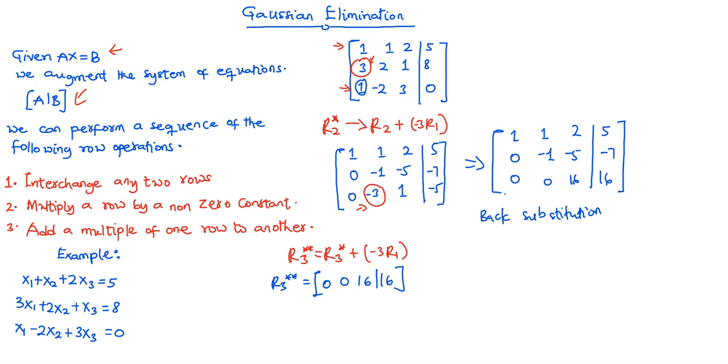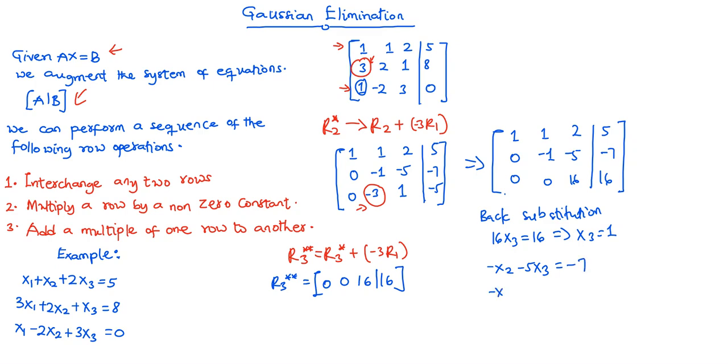So from here, we're going to have the first equation to be 16 x3 will be equal to 16, and this will give us x3 to be equal to 1. And then the second equation will be minus x2 minus 5 x3 to be equal to minus 7.